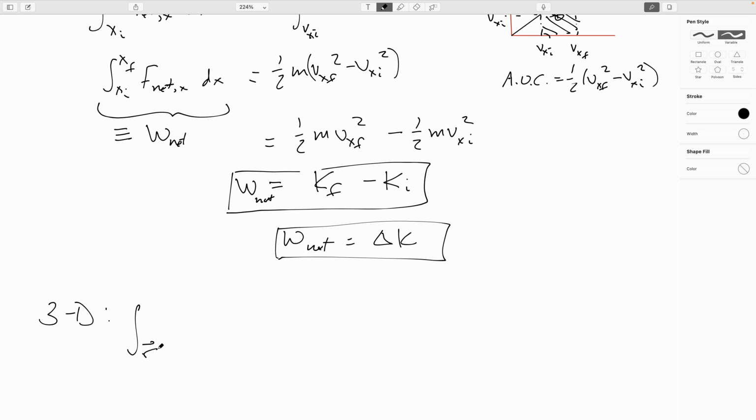But you end up with the work being defined to be the integral from the initial position to the final position of F net dot, that's our dot product that we saw in the previous video, ds, where this is a differential along our path.